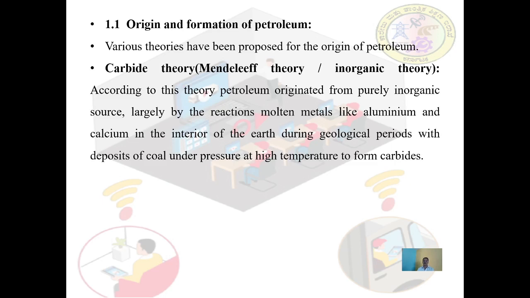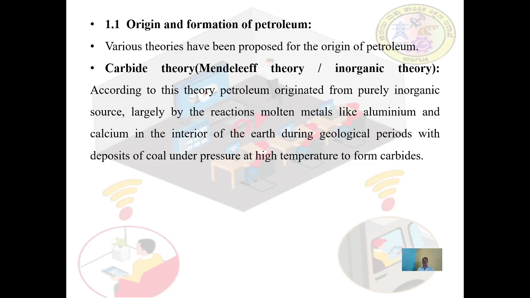petroleum originates from purely inorganic source, largely by the reaction of molten metals like aluminium and calcium in the interior of the earth during the geological periods, with deposits of coal under high pressure and temperature to form respective carbide.